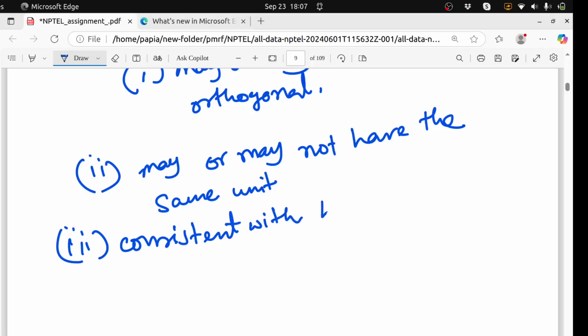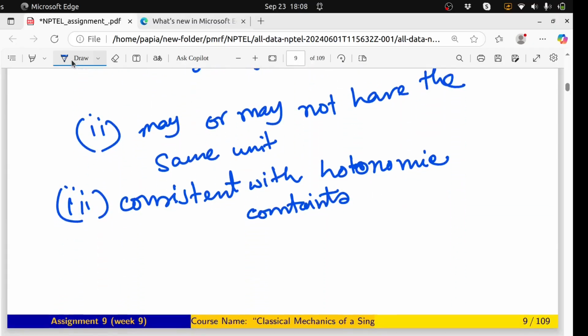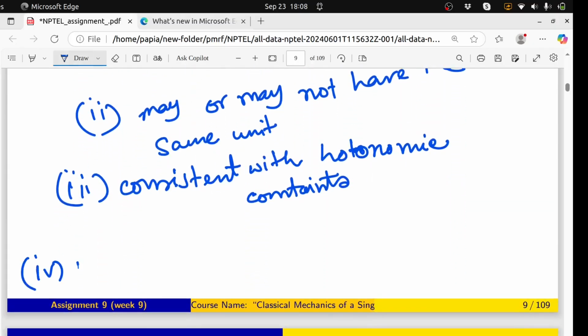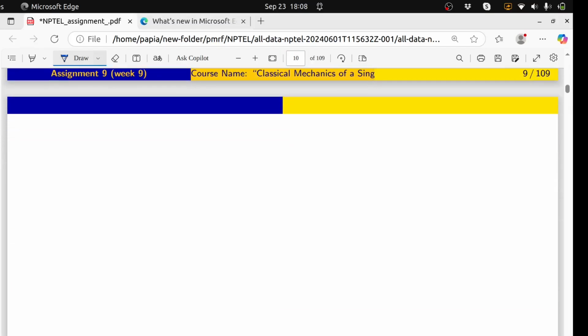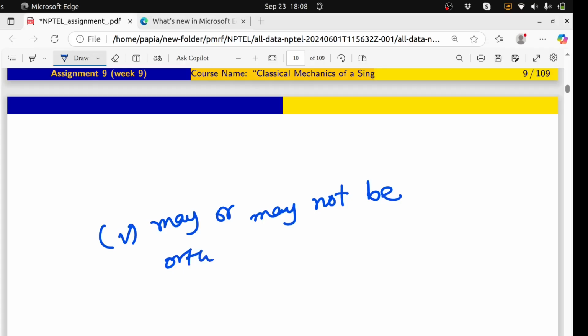So consistent with holonomic constraints, and independent of each other.